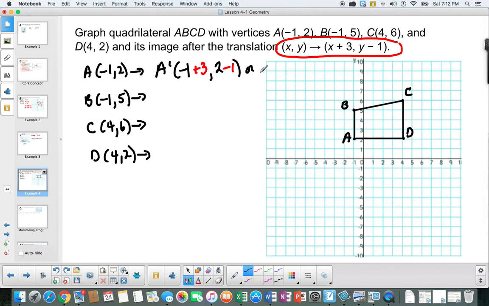And so my A prime will be (2, 1). So now A will be (2, 1) right here. That'll be my A prime. Okay, and then to figure out my B prime, I'm going to do the same thing.